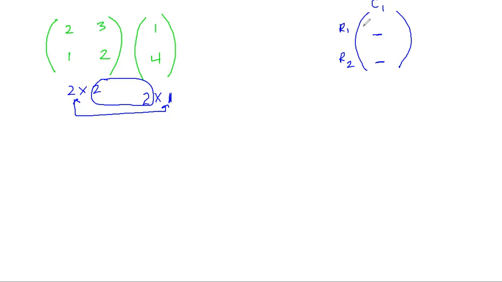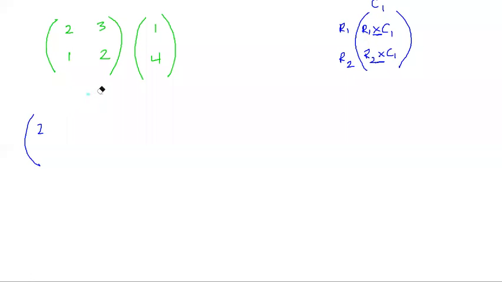The number for here is going to be found, or we're going to find that number if we multiply row 1 values by column 1 values. And similarly, underneath here, we're going to have to row 2 values by column 1 values. So let's look at it. I have 2. I think I need a bit more space here. I'm taking this off because you guys understand how you're going to check for that, right? Good.